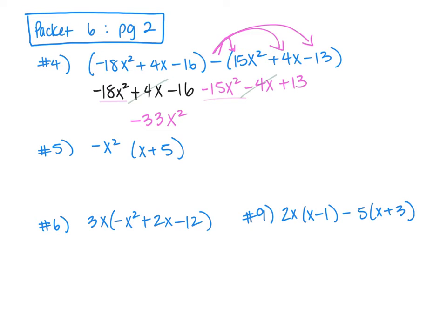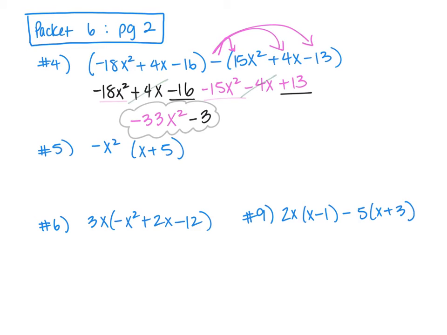That's kind of nice. And then I have a negative 16 here and a positive 13, which would make a negative 3. So in this case, we have negative 33x squared minus 3, and that's our final answer, because these two do not combine because they're different exponents.